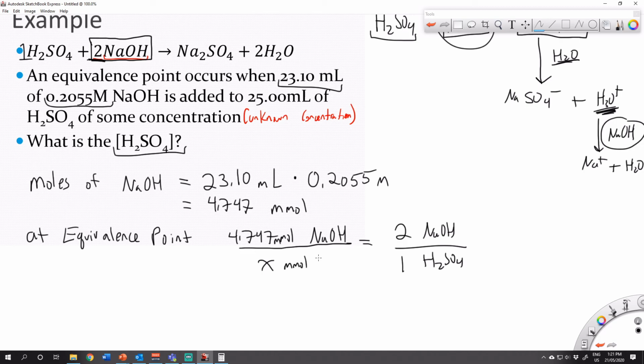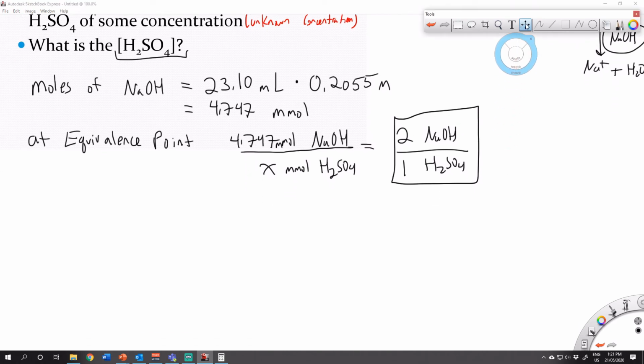Millimoles of H2SO4. So this comes from our balanced neutralization reaction. So again, 1 to 2. And we can then set up this ratio to calculate how many millimoles of H2SO4. We can just again cross multiply and divide.